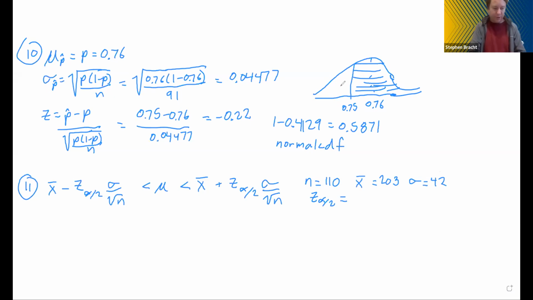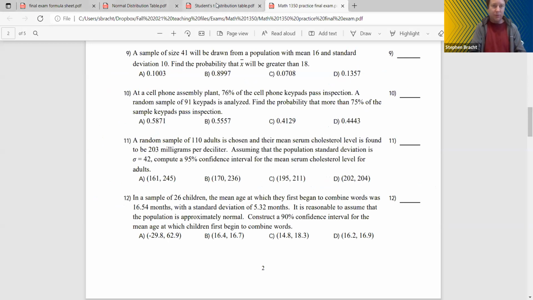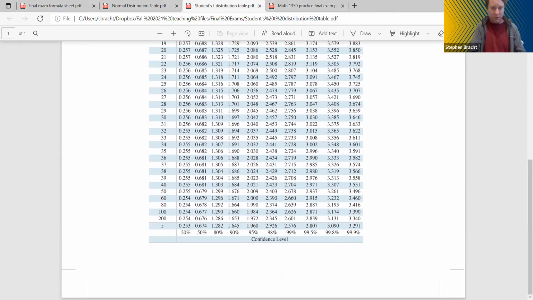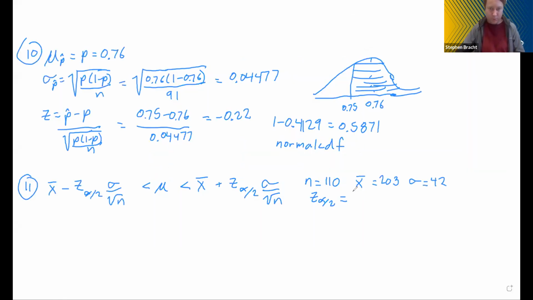And we were asked for a 95% confidence interval. So the place I find this is I will go to the student's t distribution table, and I'll go to the very bottom row, and I'll choose the z value corresponding to 95%, which is 1.96. So that's my critical value there. This is equal to 1.96.